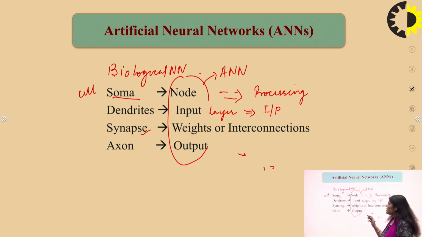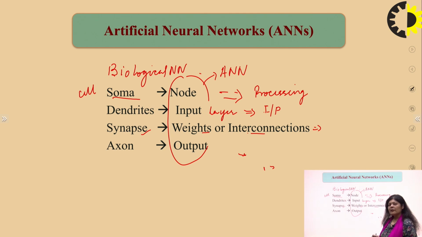So the synapse is imitated with the help of the weights or the interconnection strengths in the artificial neural networks. And these weights are responsible for finding out the importance of whatever information has been processed by a specific neuron.